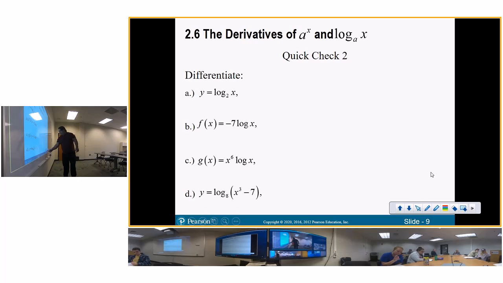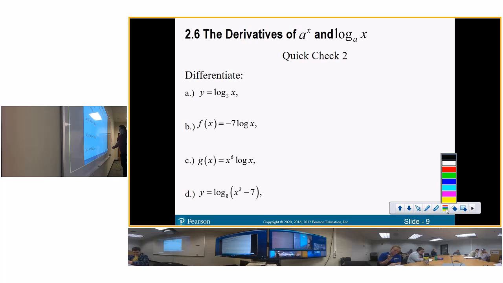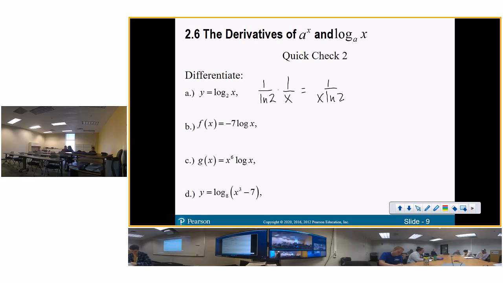Let's do the first one. So that's going to be 1 over natural log of 2 times 1 over x, which is equal to 1 over x natural log of 2. And then that -7, you could actually pull that -7 out.